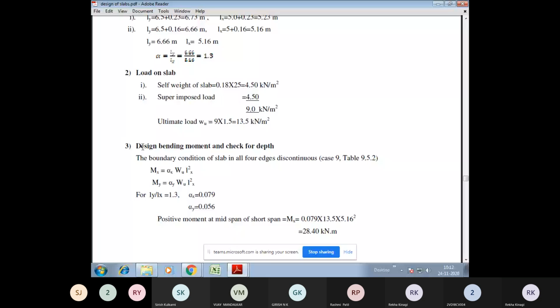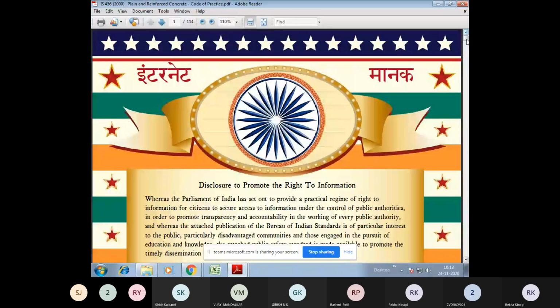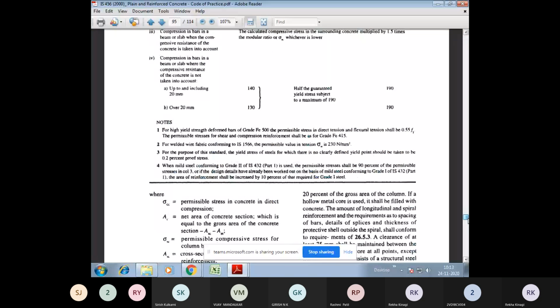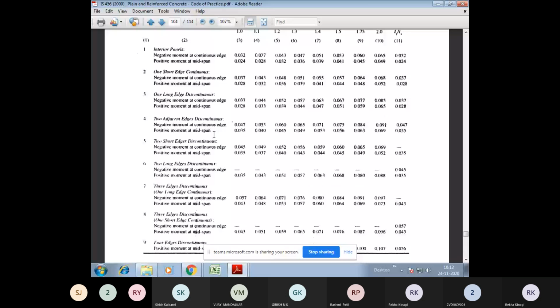And in the calculation of design bending moment, we need to take care of alpha x and alpha y values. That is, they are coefficient values from table 26 of IS 456. The case given in the numerical is referring to four edges discontinuous case.